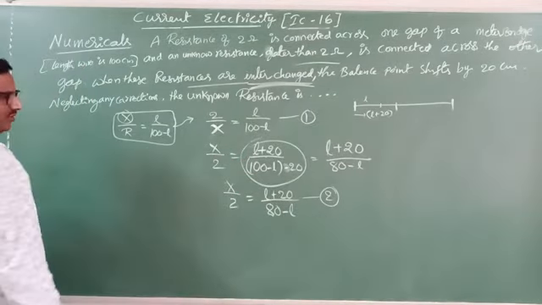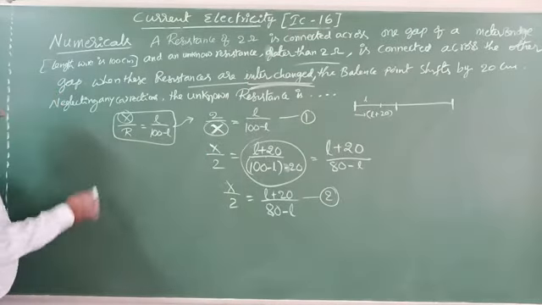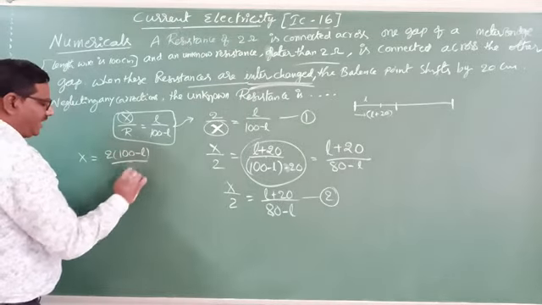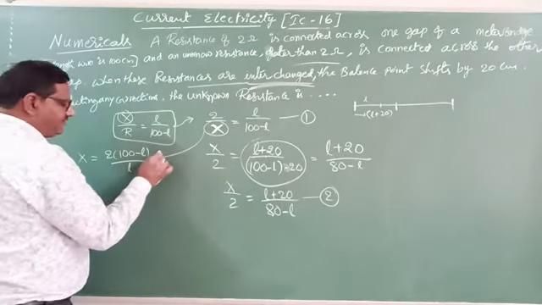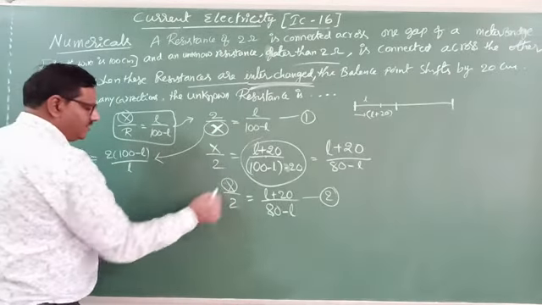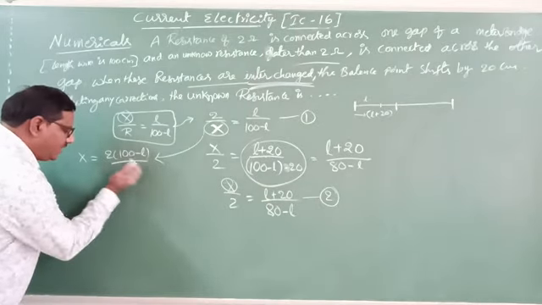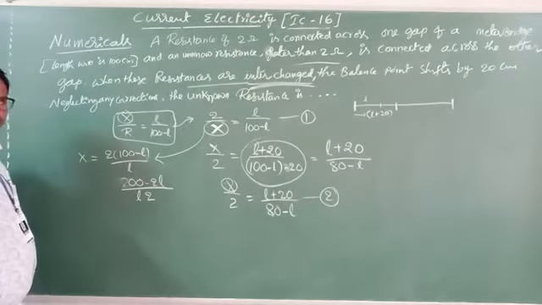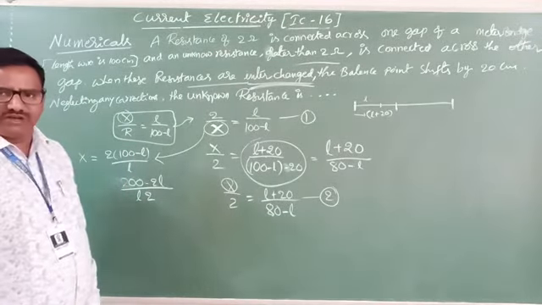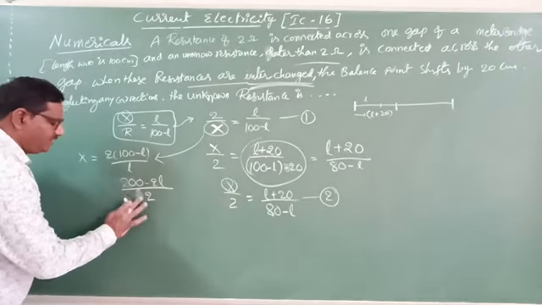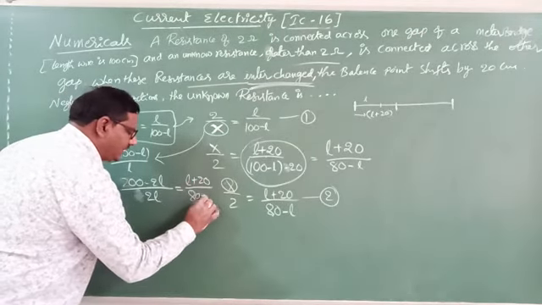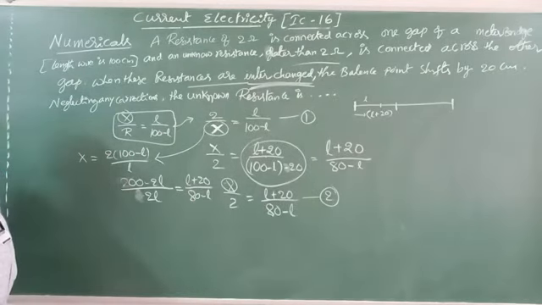From the first equation, x equals 2 into 100 minus L by L. Now substitute here: 2 into 100 is 200 minus 2L by L into 2, because this 2 comes down. So 2L on the bottom equals L plus 20 by 80 minus L. Now cross multiply, then you can solve easily.